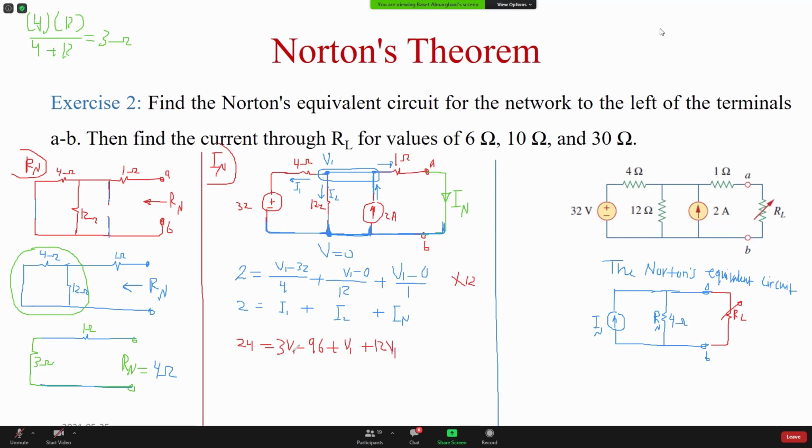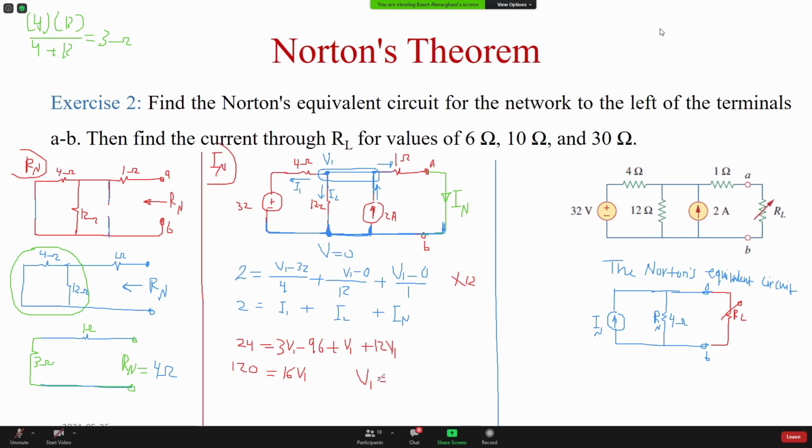So here I have 120 equals 16 V1. So from here V1 will equal 120 divided by 16.